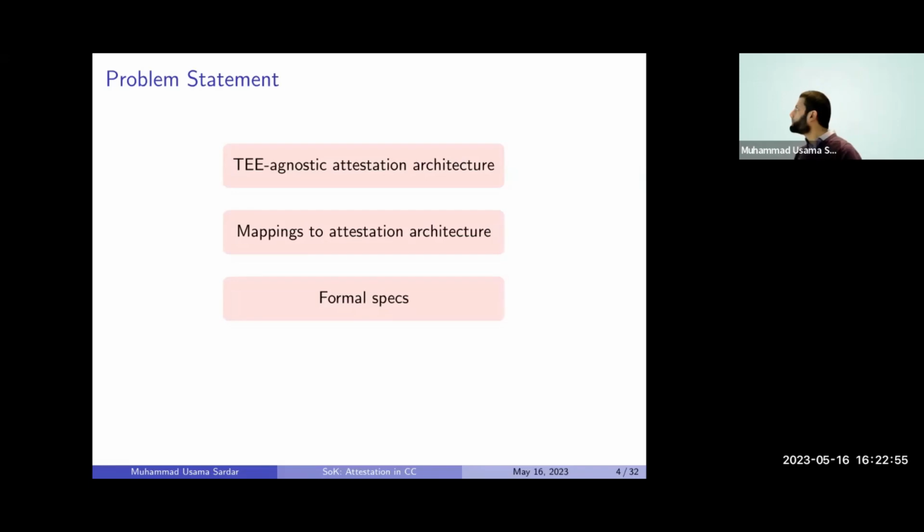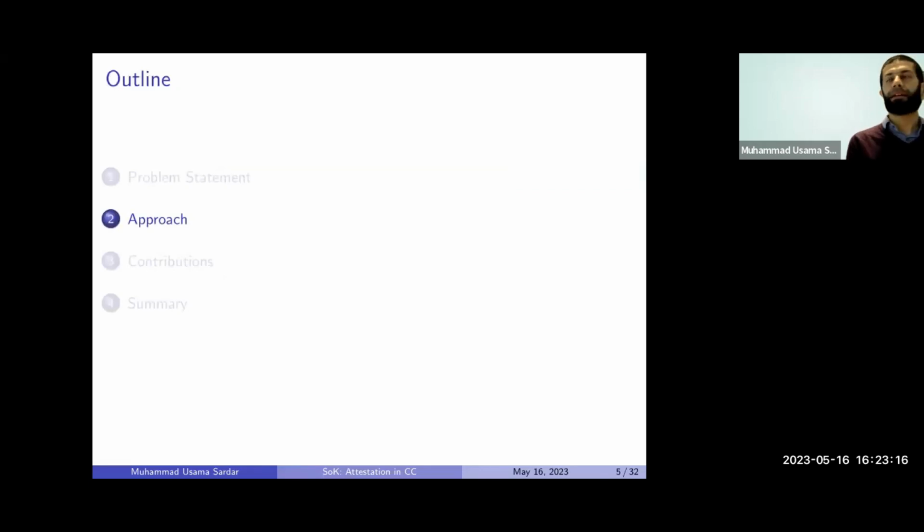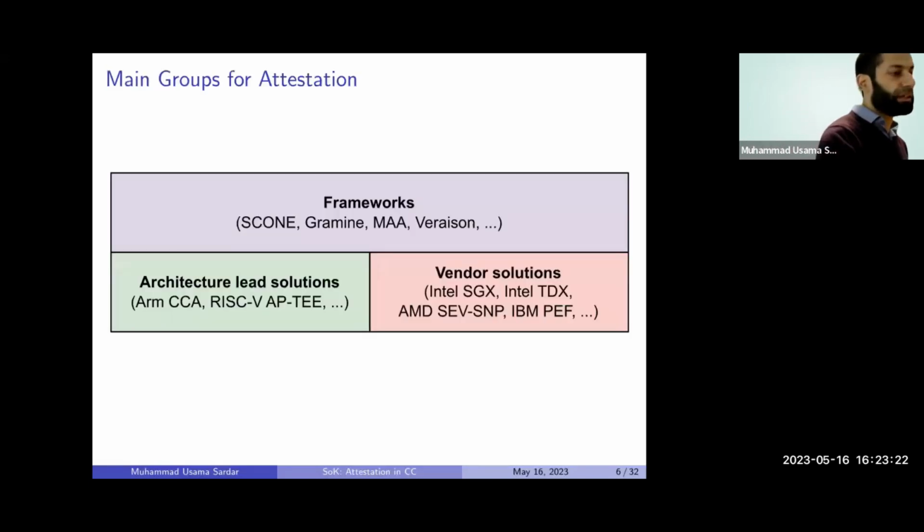And the third problem is that there are no formal specifications of the attestation mechanisms by any of the vendors, whether it's the category of ARM or Intel, IBM and AMD. So this being the core problem, we wanted to deal with it, and now I will describe what approach we took in its essence overall.